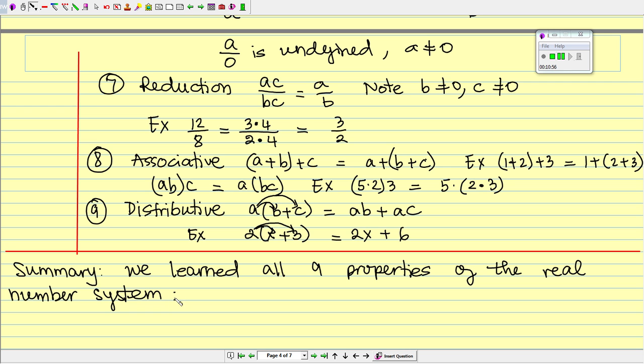And go ahead and list them out. So the first one is identity. And then next will be inverse. After inverse, we learn double negative.